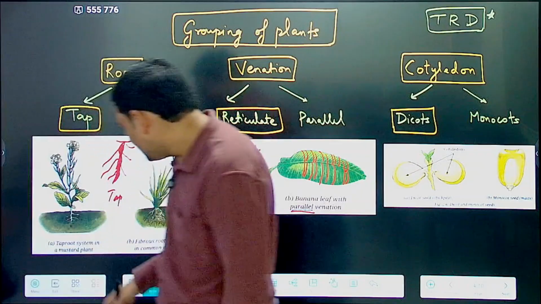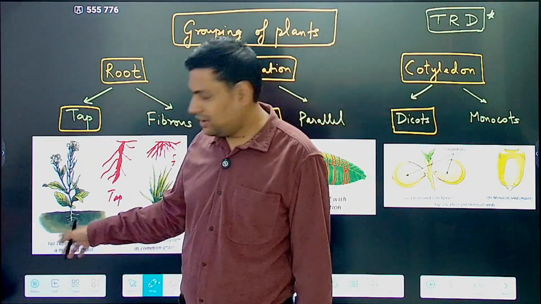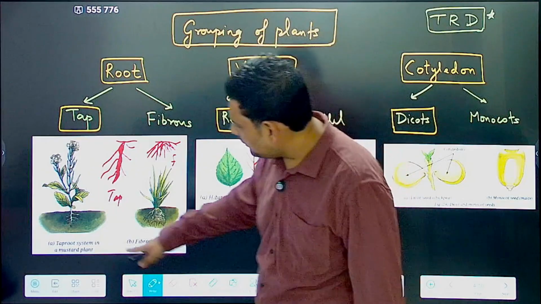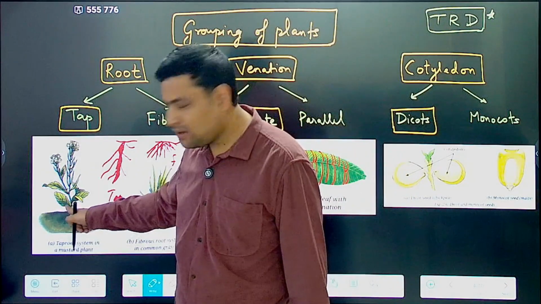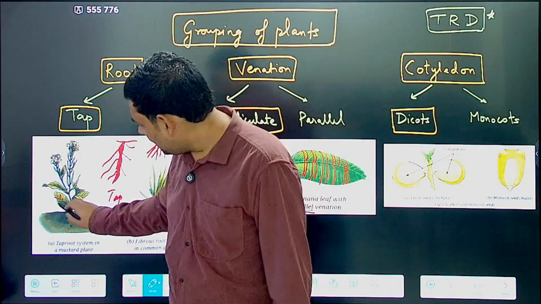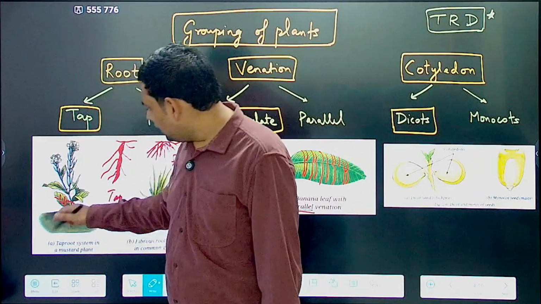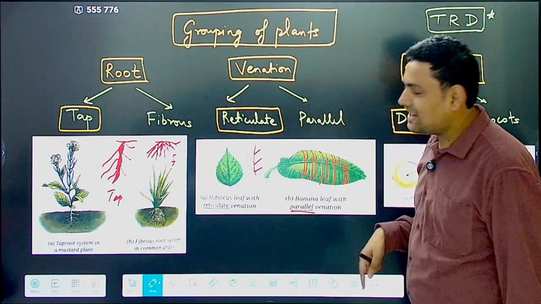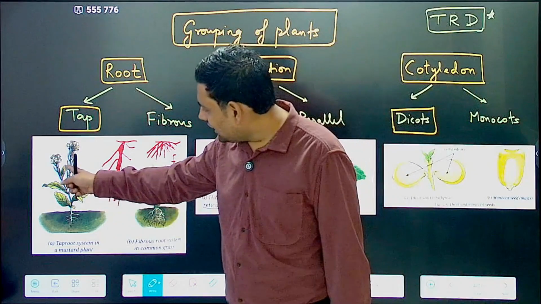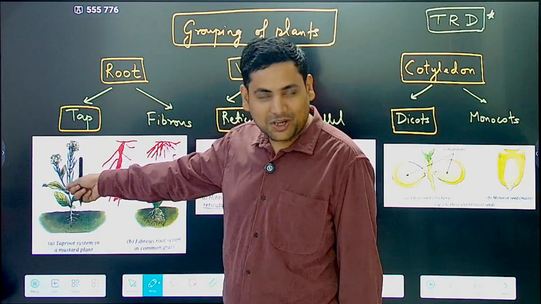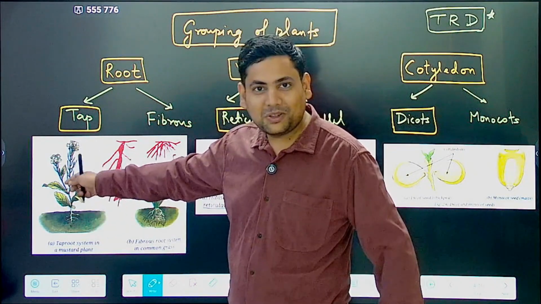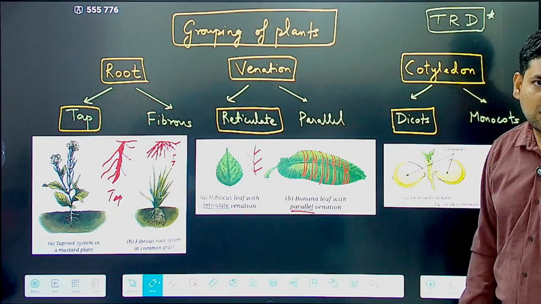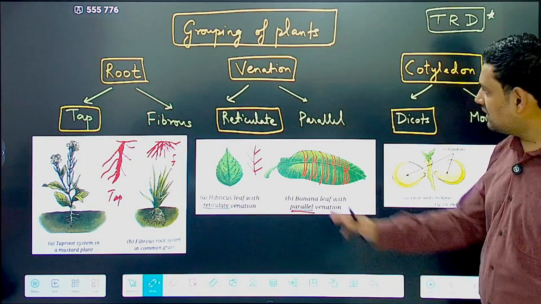Like this plant, it has a taproot system, correct? Now the leaves, can you see the leaves are reticulate in pattern, correct? It is like this. So it has reticulate leaves also. And the fruits have not come right now, but if you let it grow, the fruits or the seed that comes out will be dicot in nature. Understood? So this is how it works.